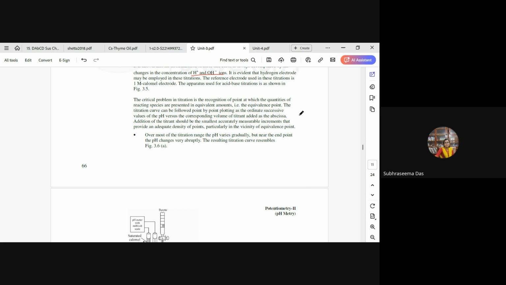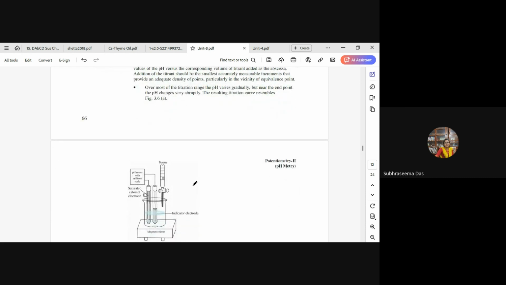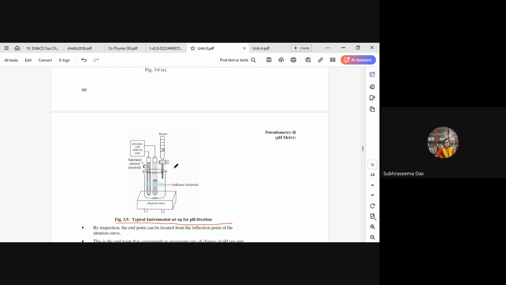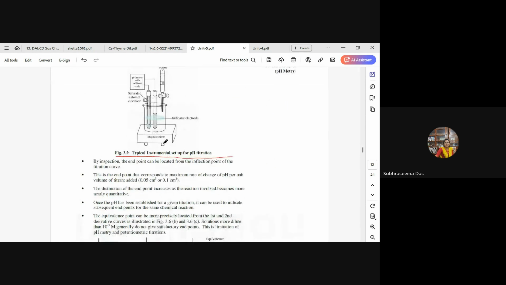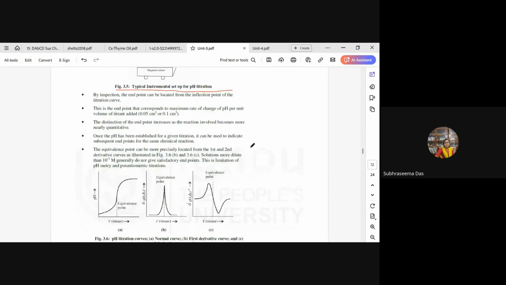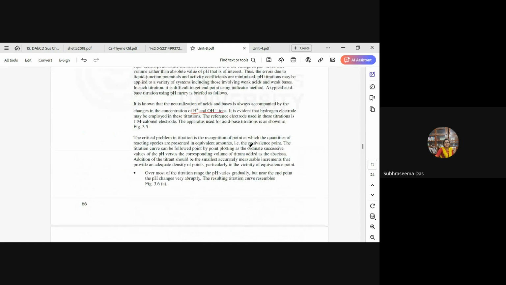In this titration, the base that is taken is added from the burette, and here is our solution. That is why identification of equivalence is very difficult. Over most of the titration range, the pH changes gradually, but as the end point approaches, the pH changes very abruptly.